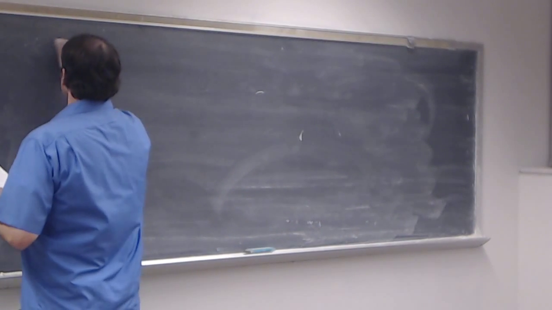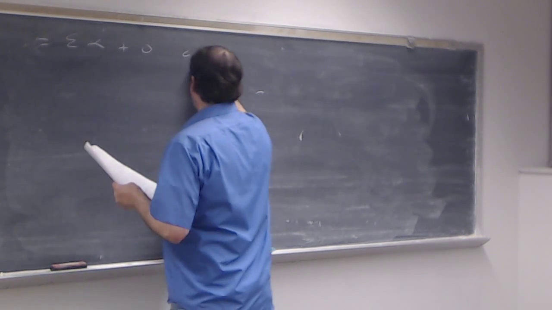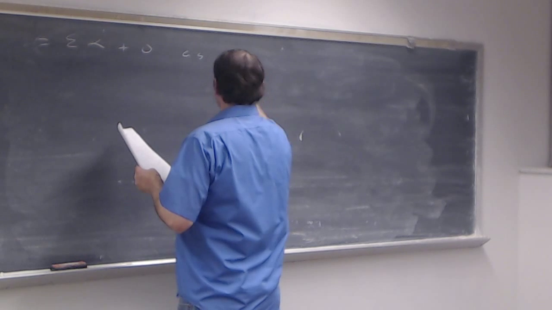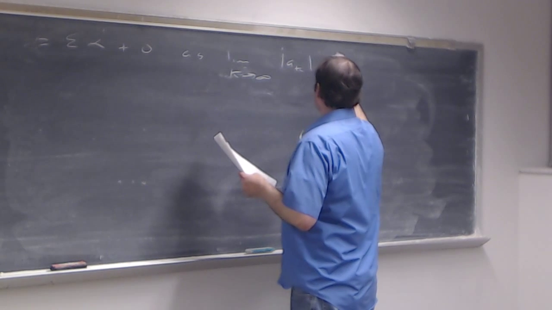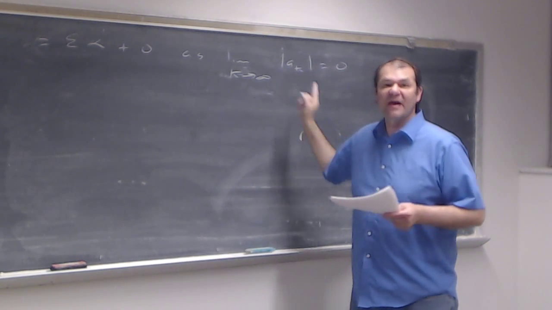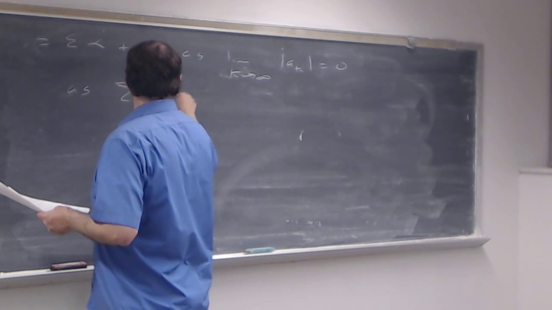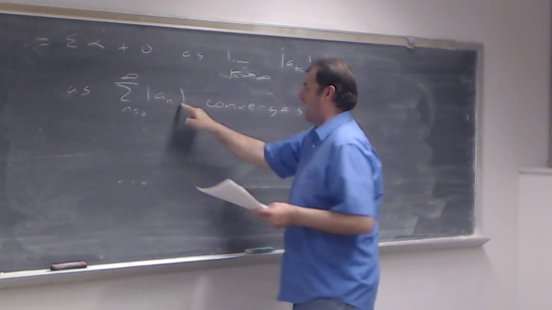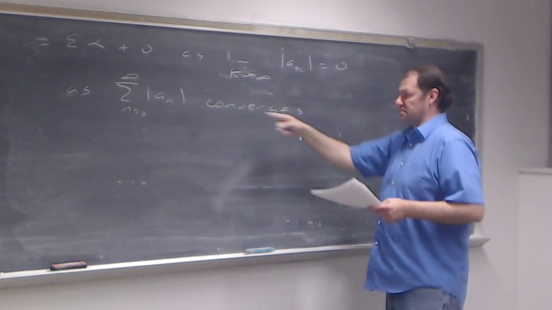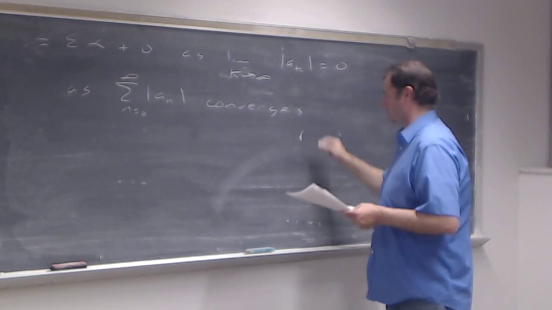But what we're going to get there is equal to epsilon times alpha plus 0, as the limit as k goes to infinity of the absolute value of a sub k has to be equal to 0. And the reason that has to be equal to 0 is because this series converges. So by the divergence test, this thing has to go to 0. Otherwise, this series could not converge, which we're assuming, the sum of the a sub n's is absolutely convergent.